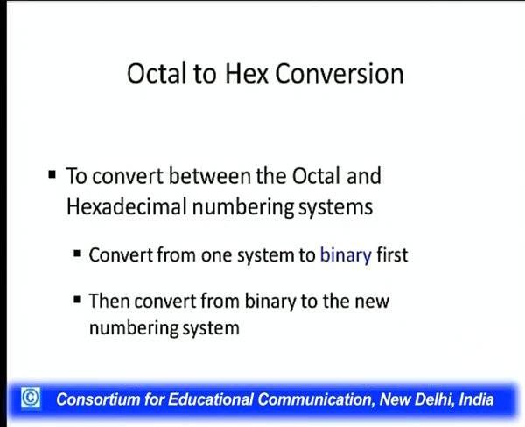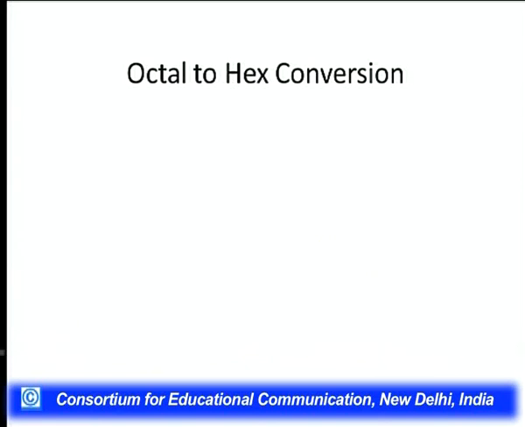So to convert between octal and hexadecimal, the first thing is to convert to base 2, and then convert the binary number obtained to the new numbering system. The best way is to use the binary number system as an intermediate number system.